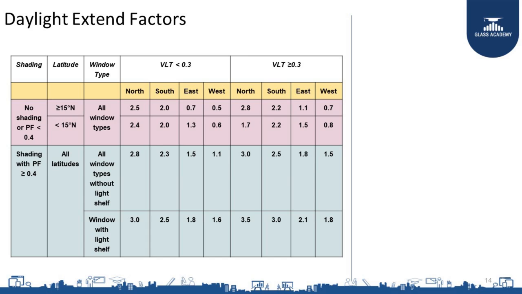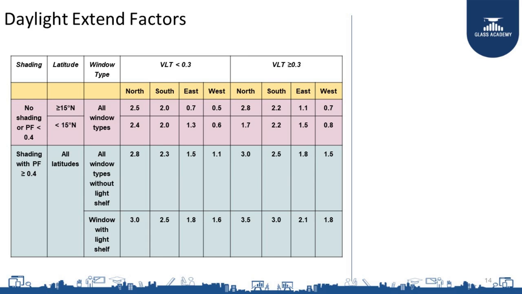If you look at the first row, we see that there are sub-rows, one for latitudes more than or equal to 15 and another for latitude less than 15 degrees north. Then for all window types, we have the values for window when it is oriented towards north, south, east or west.